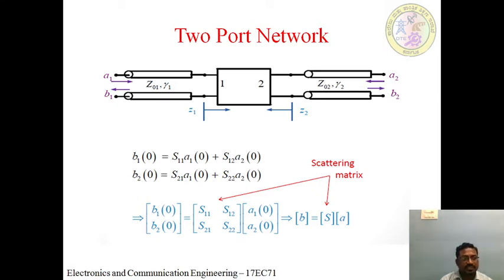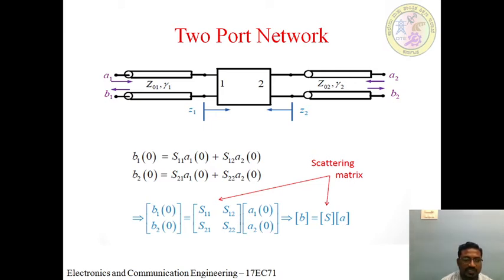So by using this two-port network, the S matrix, that is the scattering matrix, can be written as b1 = S11 a1 + S12 a2, and b2 = S21 a1 + S22 a2.